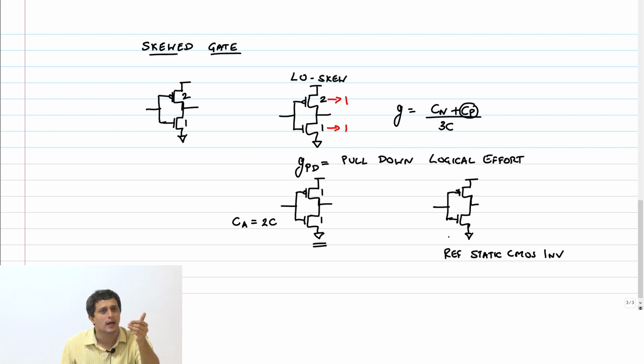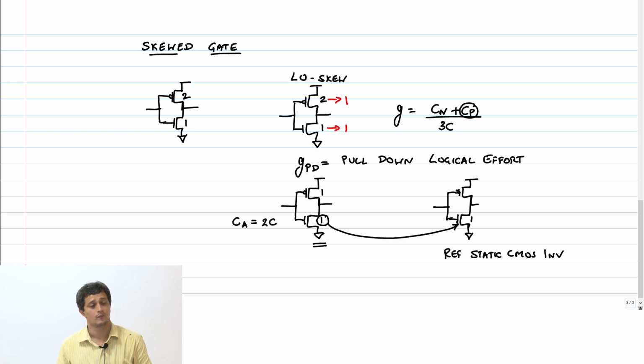Now I am going to add an extra rider and say with the same pull down strength. Therefore, this transistor size should be maintained the same, 1. Right? Clear? Now, if this is 1 and I want this reference inverter to be a symmetric static CMOS inverter, what should the PMOS be? Exactly.